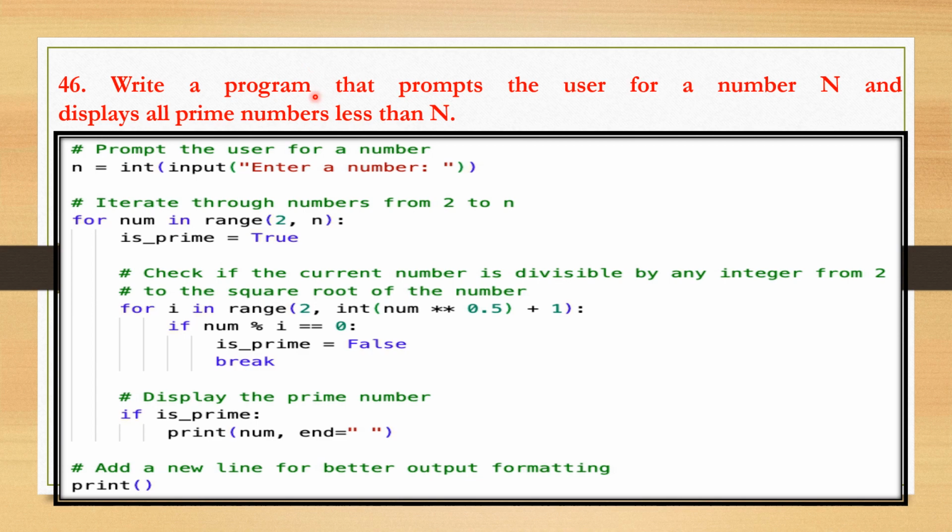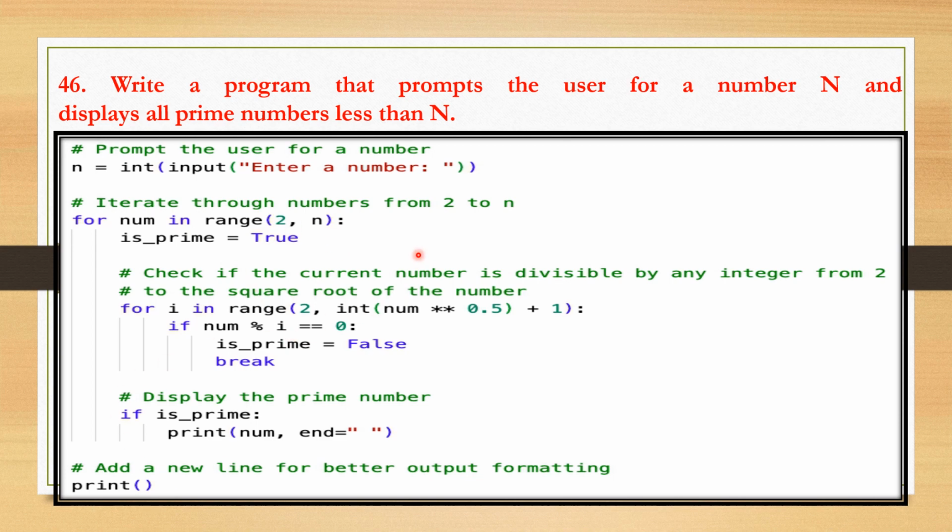The next program is to prompt the user for a number n and display all prime numbers less than n. So here we use the input function to prompt the user to enter a number. This int function is used to convert this input variable to integer. We'll use a for loop to iterate through numbers from 2 to n exclusive, as 1 is not a prime number.